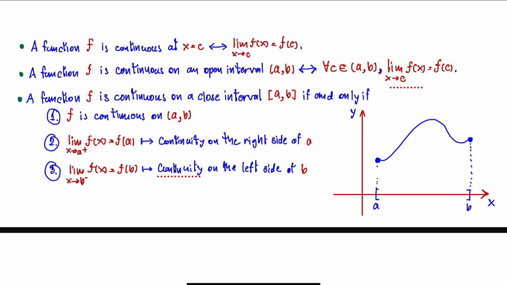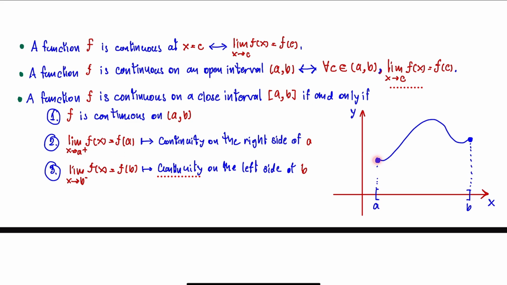And the next one is that a function f is continuous on a closed interval from a to b if and only if, number one, the function f is continuous on the open interval, which is this interval, except points a and b. And number two, take a look at the endpoint a, which is the endpoint on the left side.